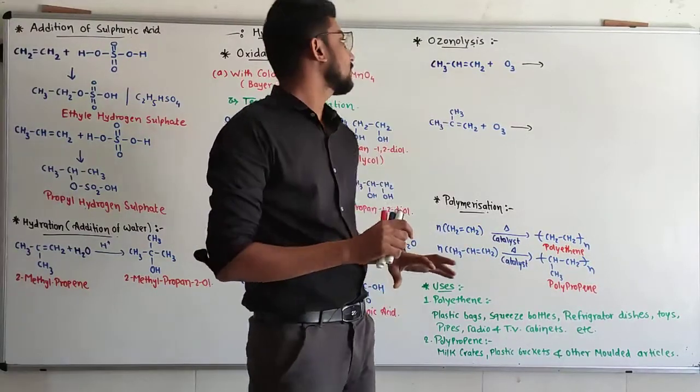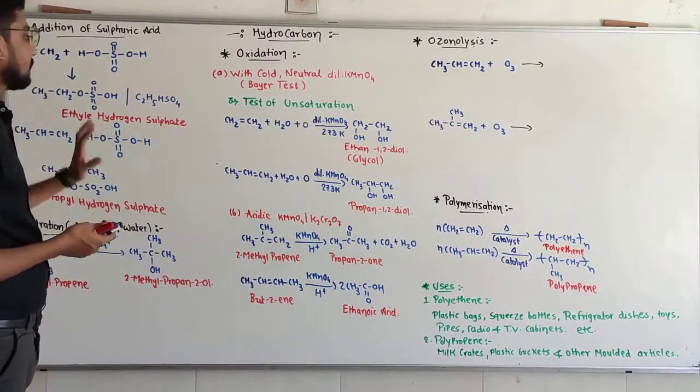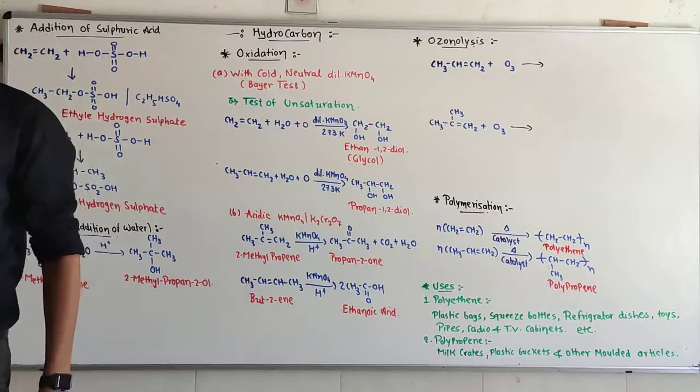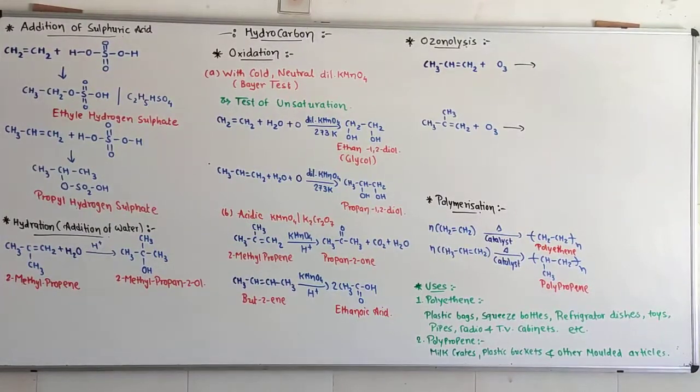In this lecture, we are going to discuss some more chemical properties of alkenes. Among them, the first property is addition of sulfuric acid. Now we know what sulfuric acid is. It is H2SO4.